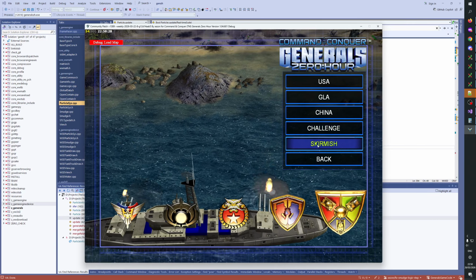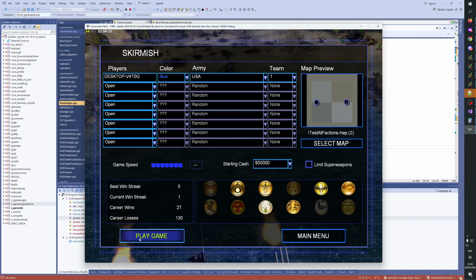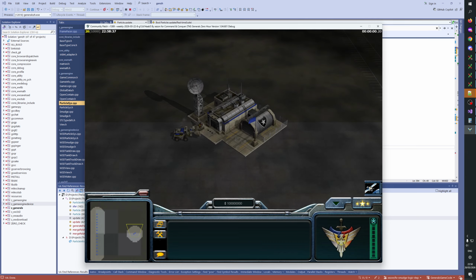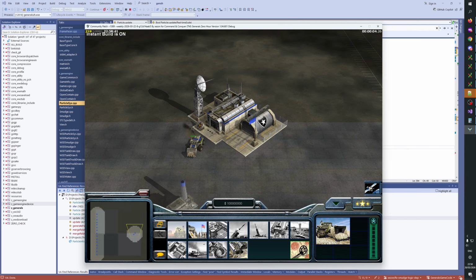Let's look at the test map. So let's build some things.